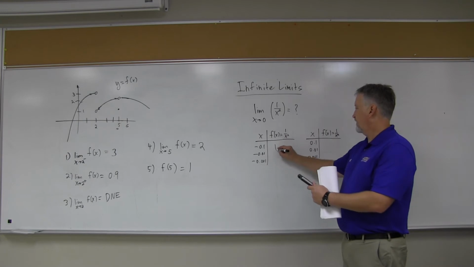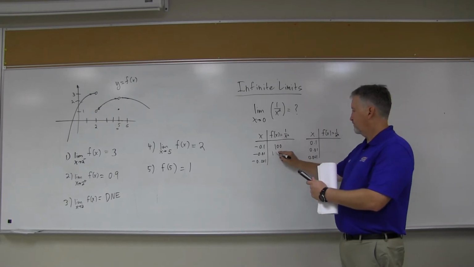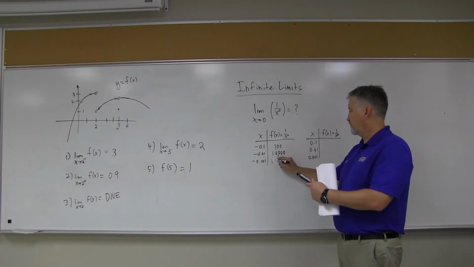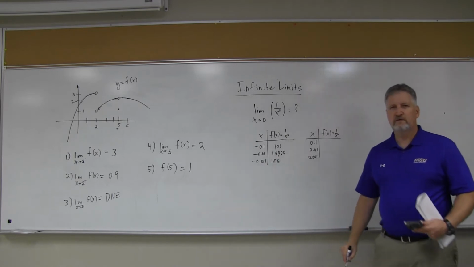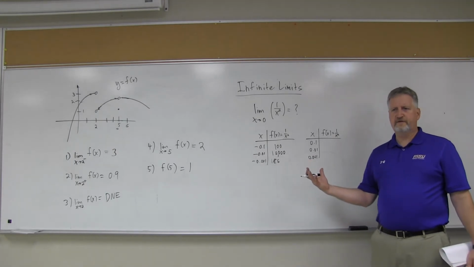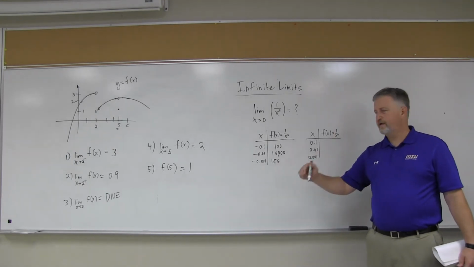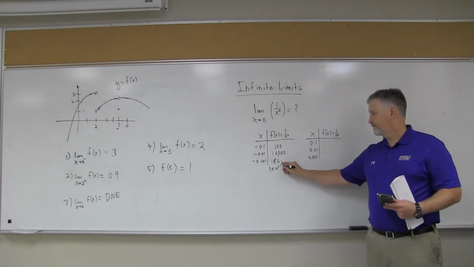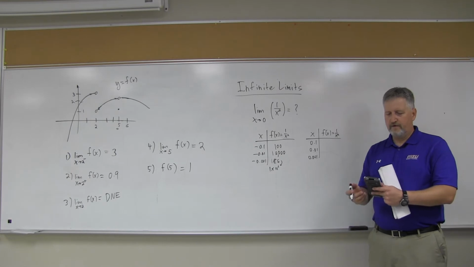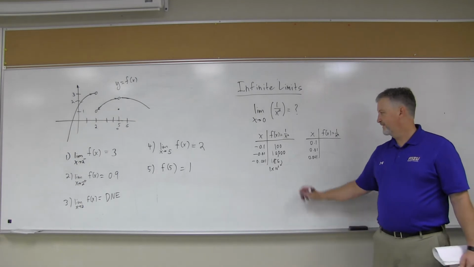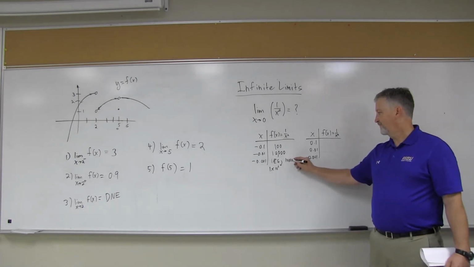The negative 0.1, we've got 100. Then at negative 0.01, we've got 10,000. Now, on the negative 0.001, it says 1e6. Are you familiar with what that would mean? That's the calculator's version of scientific notation. 1e6 would mean 1 times 10 to the 6, so it's 1 followed by 6 zeros.